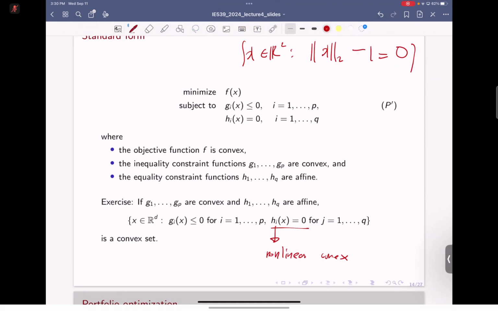Still, the norm subtracted by 1 remains convex. And if you look at this set, this is in fact the circle, but this middle region is not part of the set. So if you have all the points inside this, then you get a convex set. But if you have the equality here, then you're missing out the points inside. So you get a non-convex set.